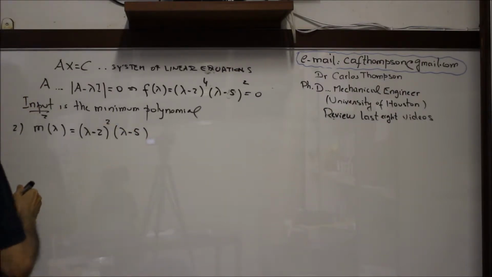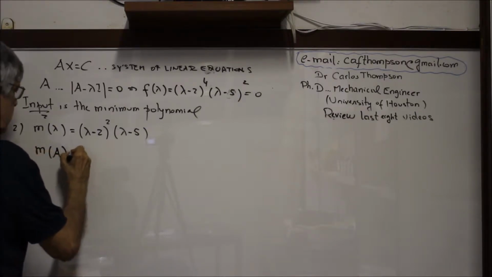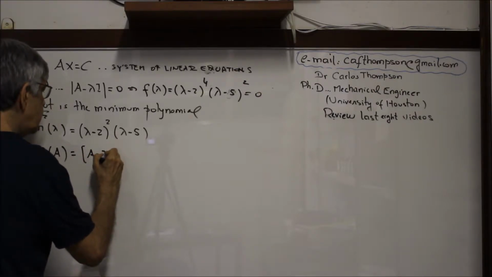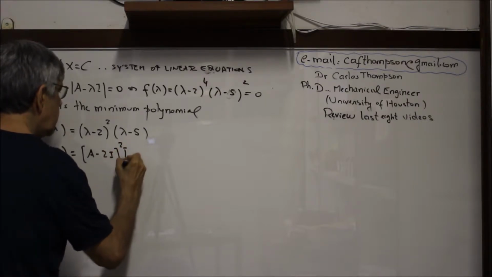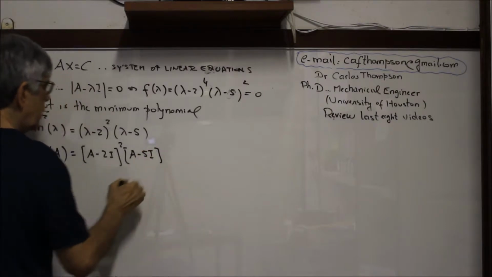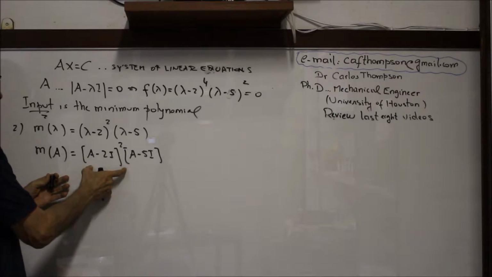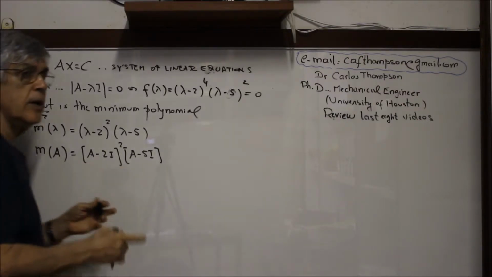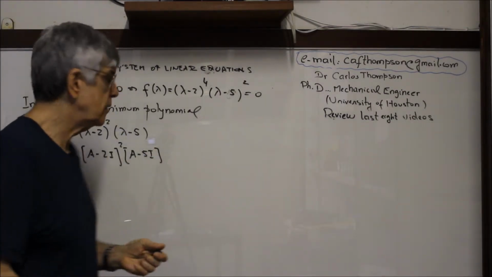So from here, you can write m of A is equal to (A minus 2I) squared and (A minus 5I). You see, this is just the opposite of what we are writing here, when you compare to the two previous videos.